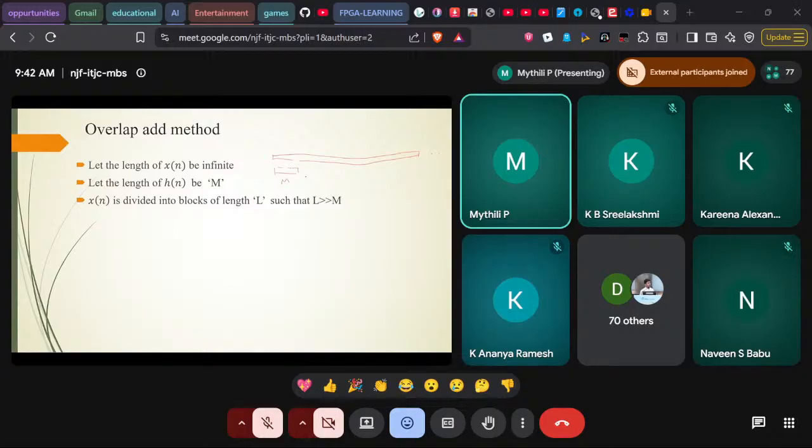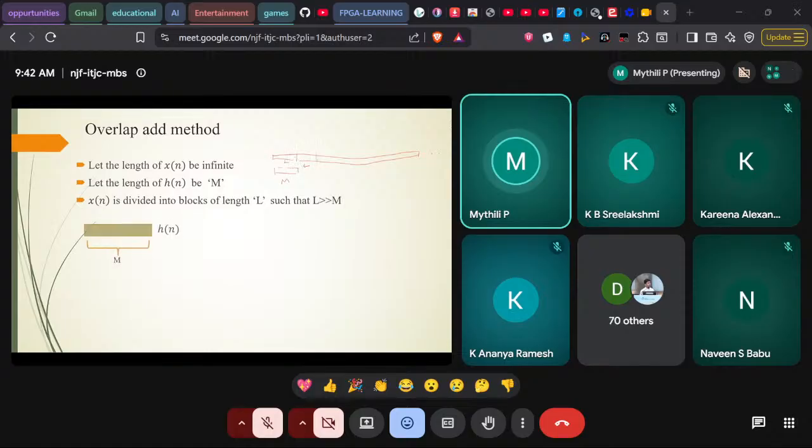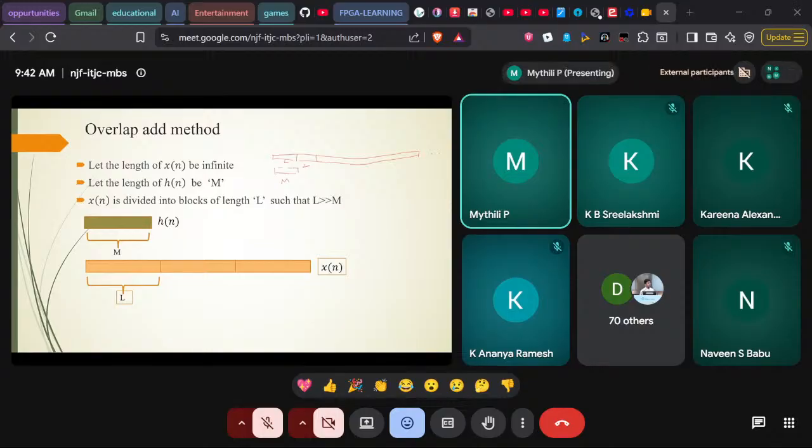Now x of n is divided into blocks of length L. I'm showing only 3 blocks here for convenience.